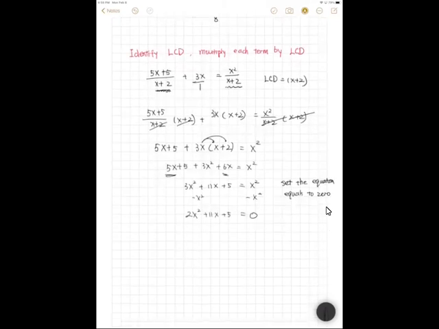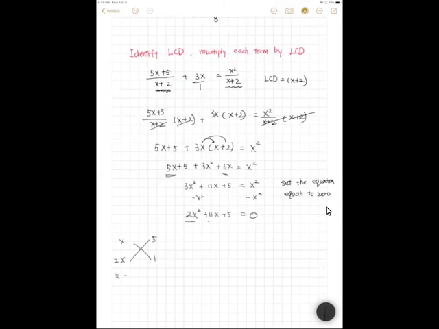So let's refresh how to do the cross multiply. We want two numbers multiplied together that equal 2x squared. So we have x and 2x. We want two numbers multiplied together that equal 5, where 5 times 1 equals 5. And we want the sum of the cross products to equal 11x.